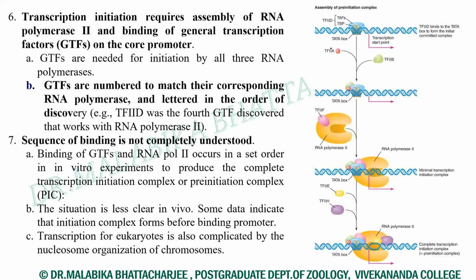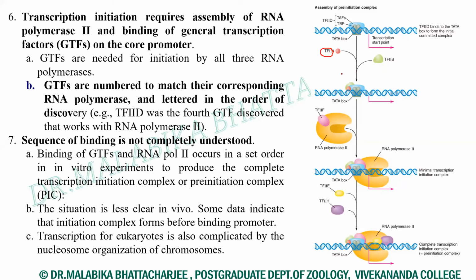And now coming to that A, B, C, D part. In this example, D is the fourth, if you count A, B, C, D. So D is the fourth transcription factor that was discovered. They are named in the order of the discovery, A, B, C, D. So D was discovered fourth in row that works with polymerase II.